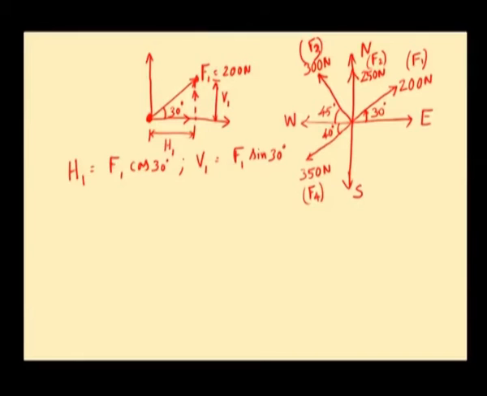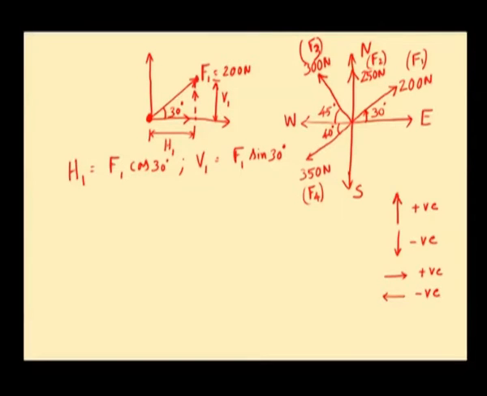Now, the sign convention for the forces will be like this: all the forces going in the upward direction will be taken as positive and forces going in the downward direction will be taken as negative. Similarly, forces going towards right, that is along the positive x axis, will be taken as positive forces and forces going towards left, that is on the negative x axis, will be taken as negative.